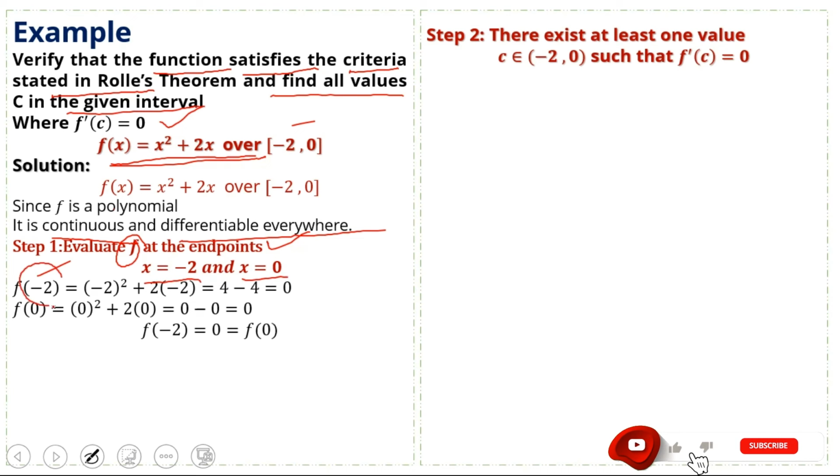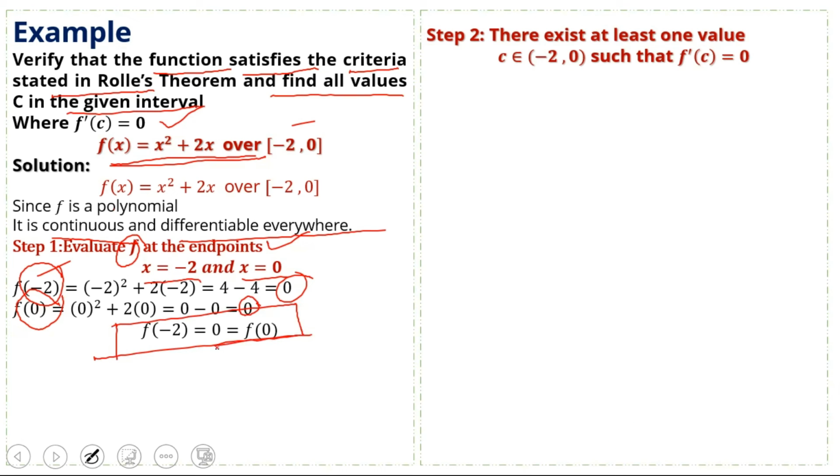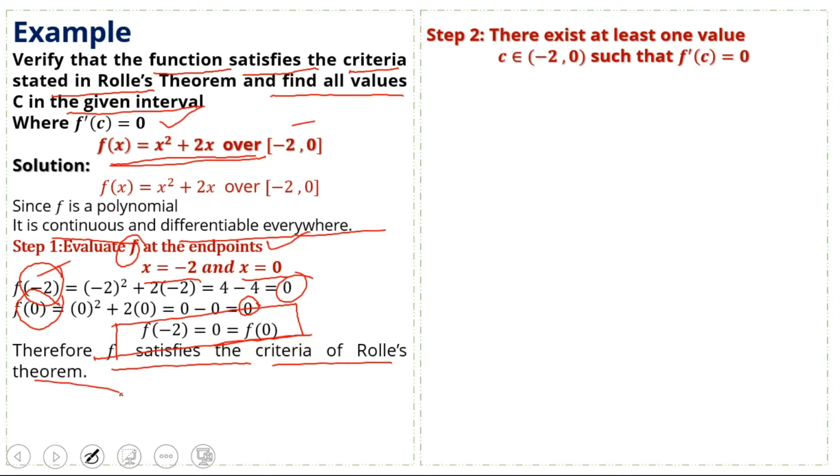The value of the function at x equals -2 is 0 and at x equals 0 is 0. Therefore the values of the function at the endpoints are the same. This means there will be an interior point at which the derivative of the function is 0, and therefore f satisfies the criteria of Rolle's theorem.